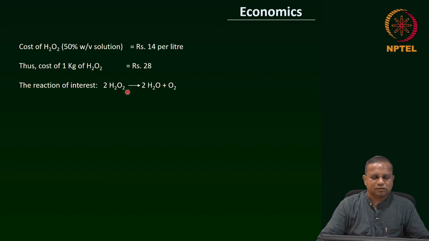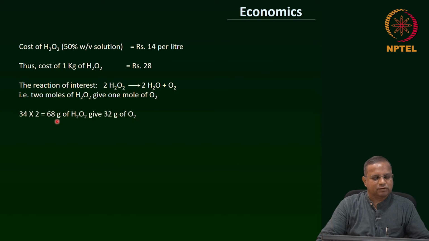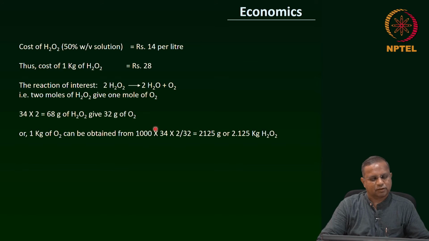The reaction of interest is hydrogen peroxide giving you water and oxygen, 2 moles of hydrogen peroxide giving you 1 mole of oxygen, right. And therefore, because the molecular mass of hydrogen peroxide is 34, 68 grams, that is molar mass into the number of moles of hydrogen peroxide, gives you 1 mole or 32 grams of oxygen.